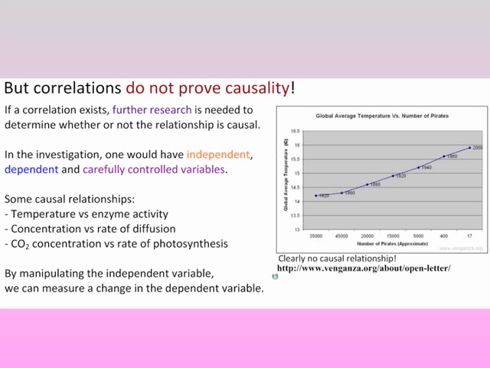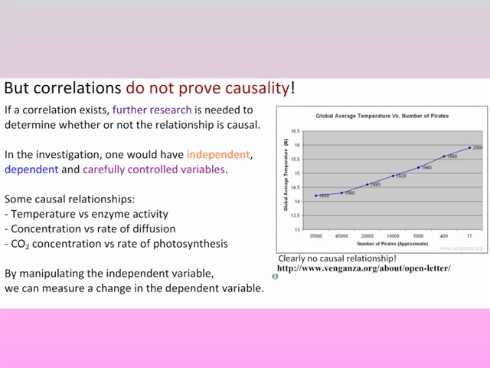If a correlation exists, further research is needed to determine whether or not the relationship is causal. You can say the more of X that you have, the more of Y. You have a strong positive correlation, but that does not necessarily mean that a higher X causes a higher Y.